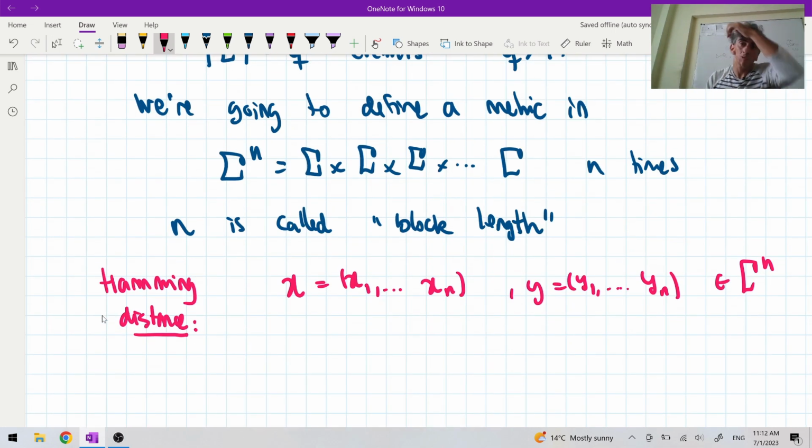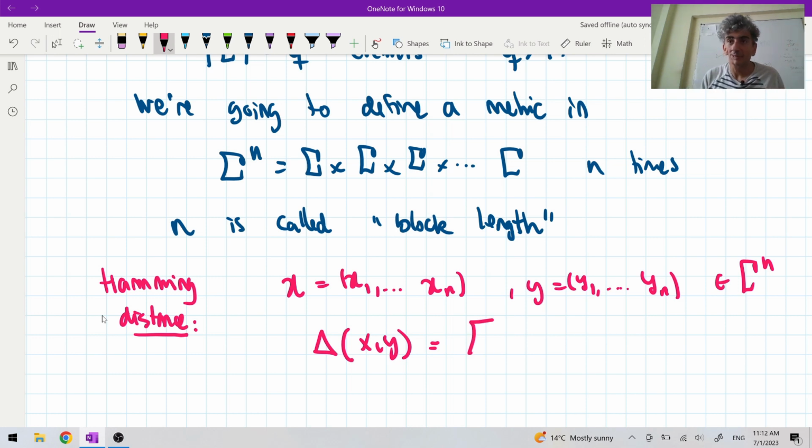We'll define the Hamming distance between x and y as the number of different entries in these two vectors. The number of places in which they differ.